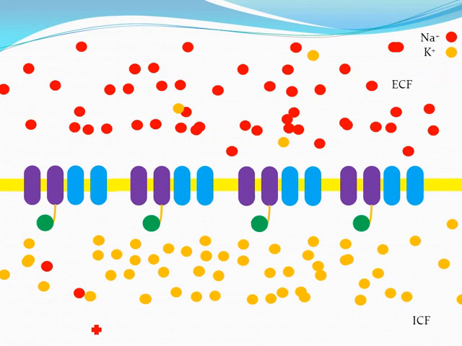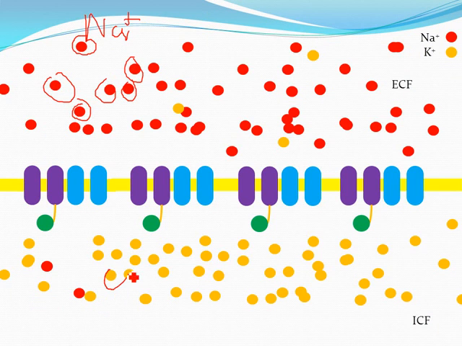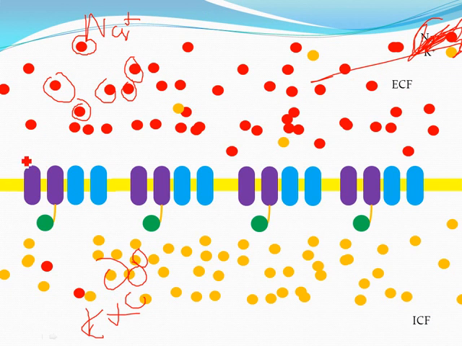So looking at this, here we have this. You tell me, what kind of ions are these? Sodium, very good, because there's a lot more on the outside compared to the inside. And what are these ones here? Potassium, very good. And do you guys remember which voltage gated channel this is, the one with the inactivation gate here?